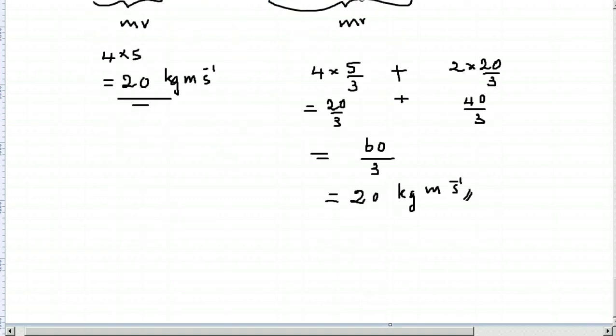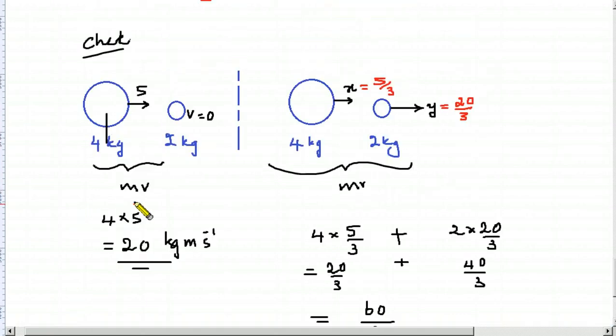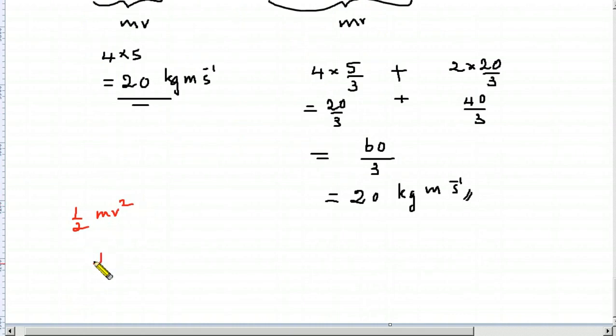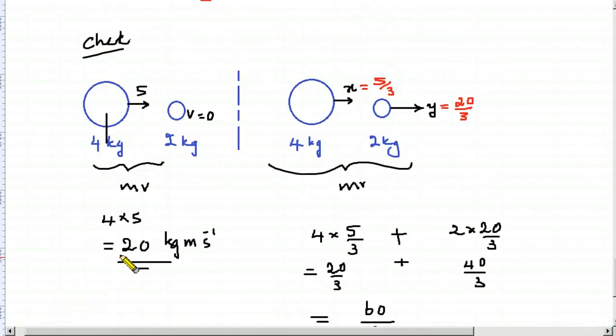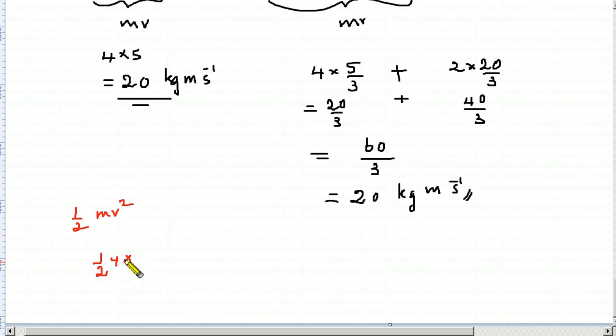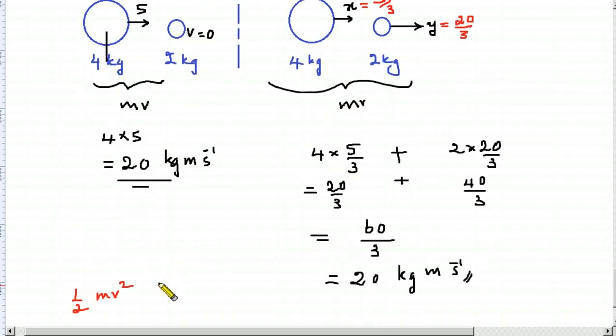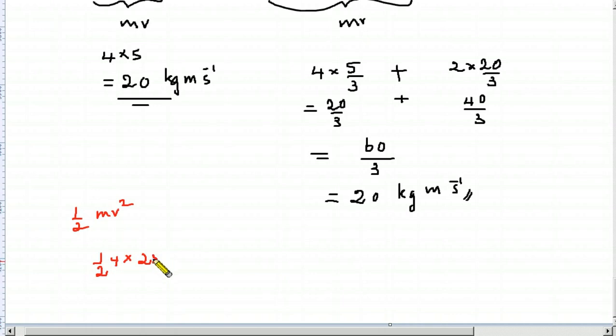Not only that, we can check kinetic energy, then the half mv squared term we have to check. Here half m is 4, then v squared, v is 5 times 5 is 25, the left side is that. Then 100 divided by 2 is 50. What is the unit? Joule, because we have found kinetic energy. So that is what we get from the left side.